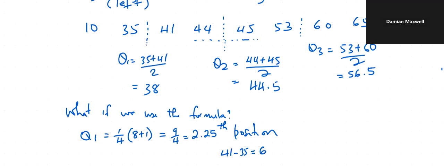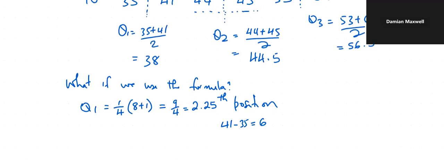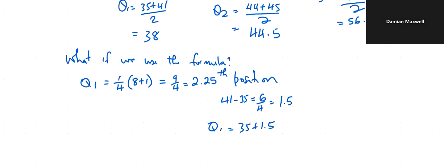Then we divide that by 4, and we get 1.5. So your Q1 would be 35 plus 1.5, which is different from what we got originally. This would have been 36.5 if we were using the formula.